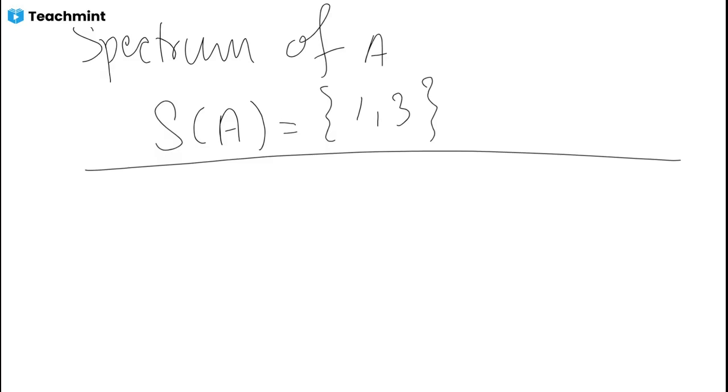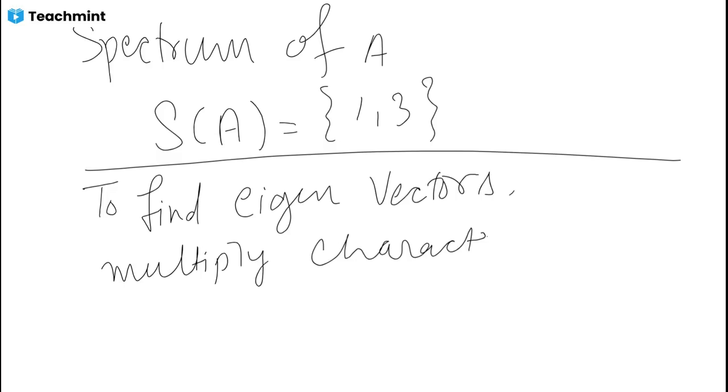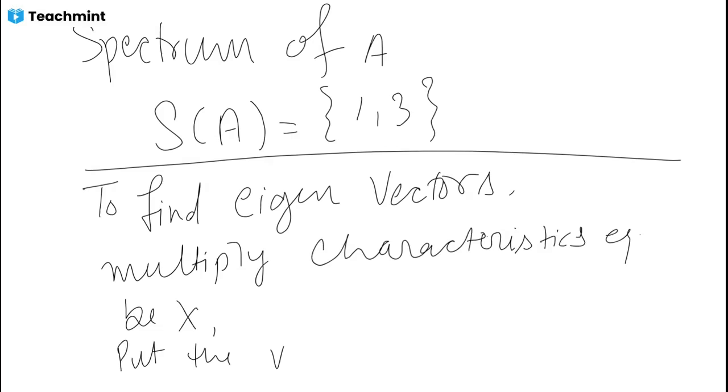To find eigenvectors, just multiply the characteristic equation by capital X, put the value of lambda, or eigenvalue, and find the eigenvector.